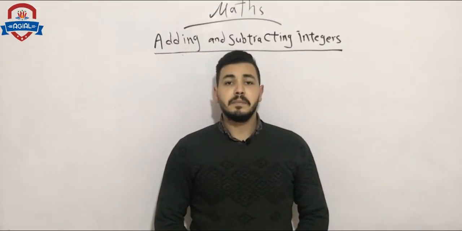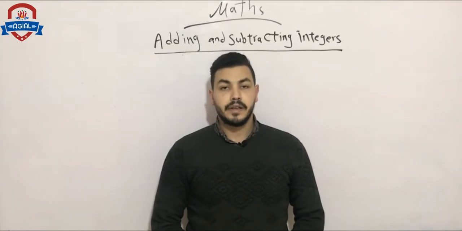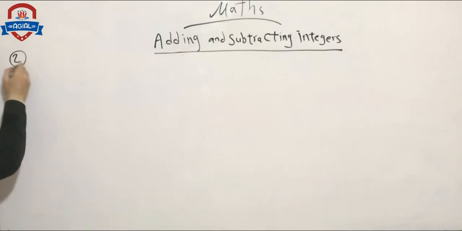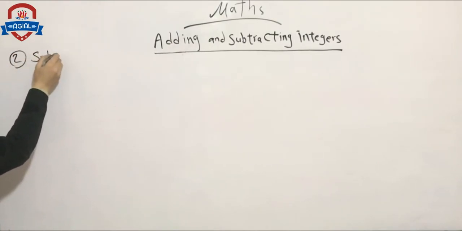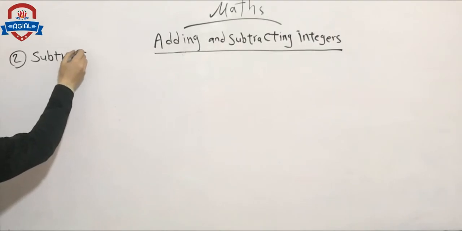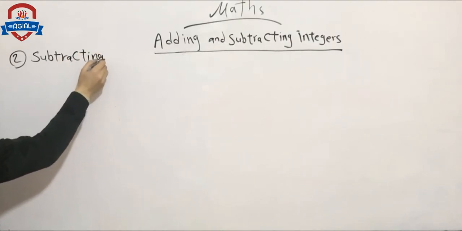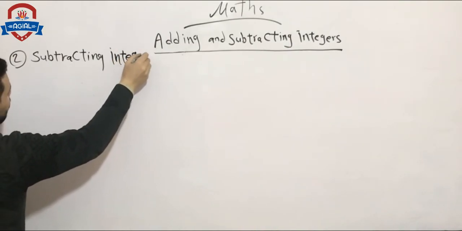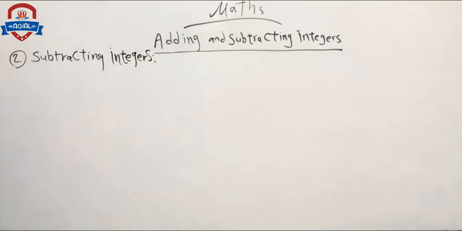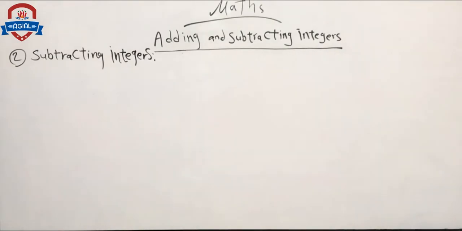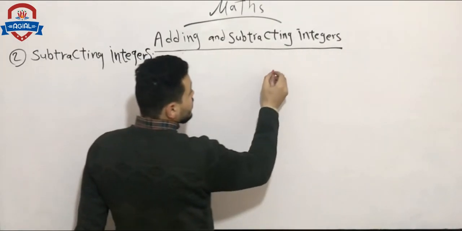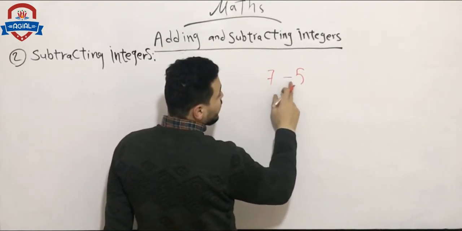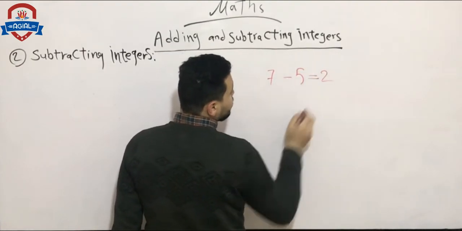And now in the second part of our lesson, subtracting integers. If we have 7 minus 5, we know that 7 minus 5 equals 2.